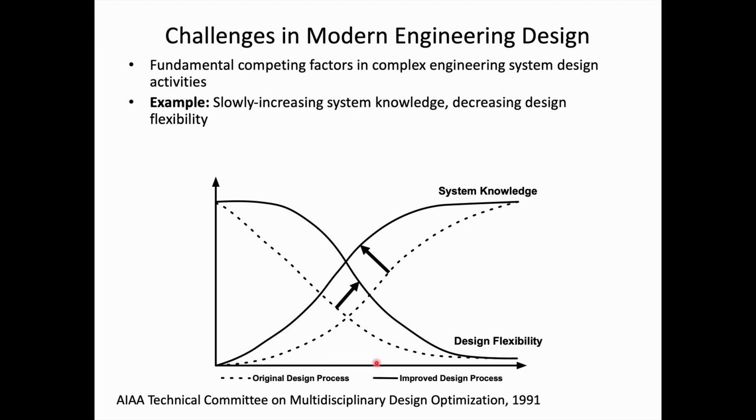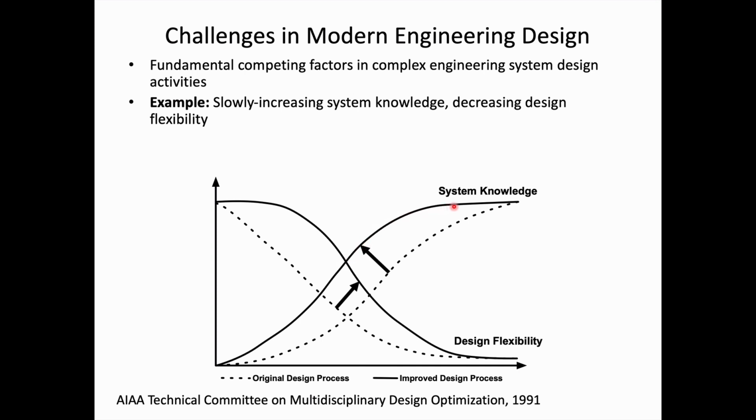The horizontal axis represents time as we're moving forward in a systems engineering process. There are two elements to look at here: one is system knowledge, and one is design flexibility. Early in the design process, we have very little system knowledge. As we proceed, we gradually obtain more data, more evidence. We increase our system knowledge, our confidence in that knowledge.